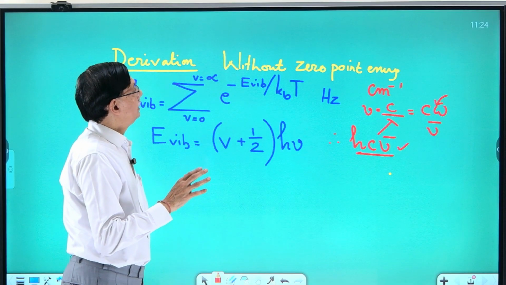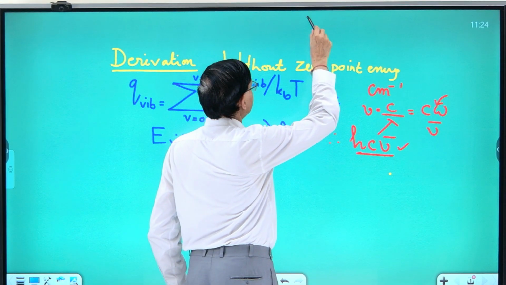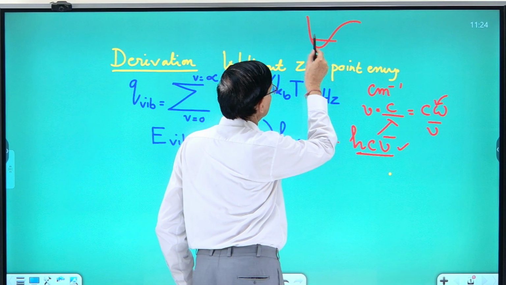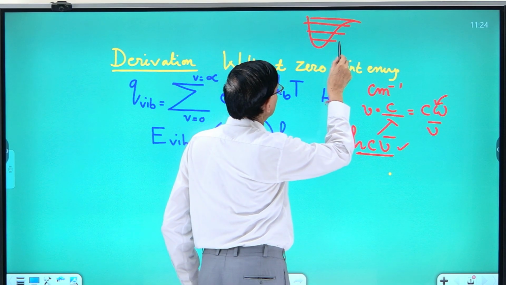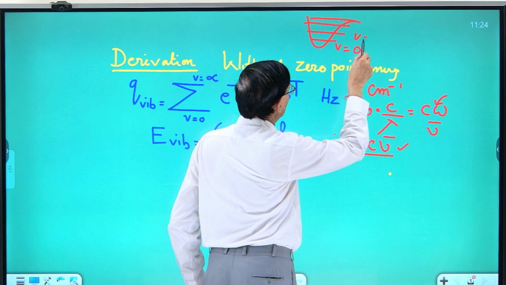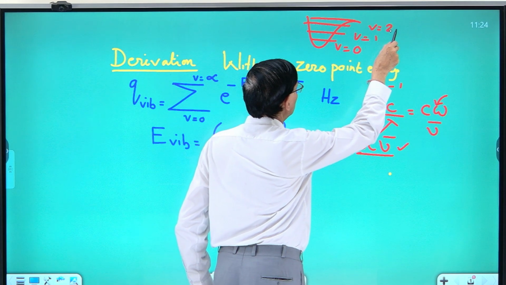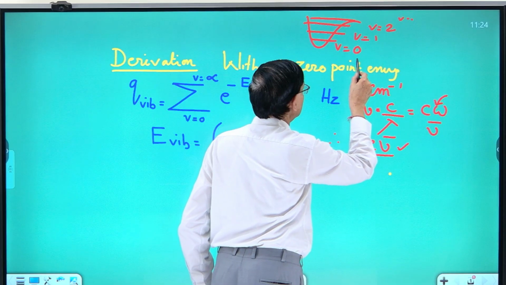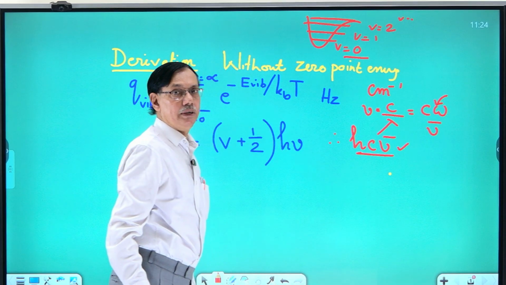Now, what I am doing: V is equal to 0, V is equal to 1, V is equal to 2, V is equal to 3, like that. So there is zero point energy.